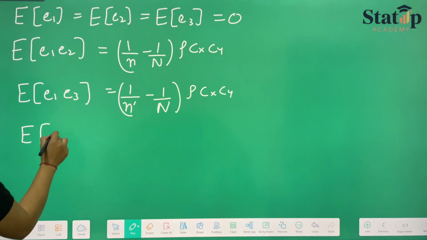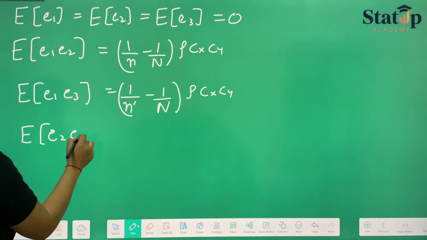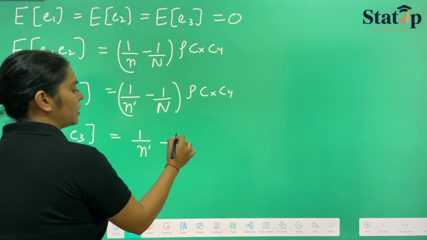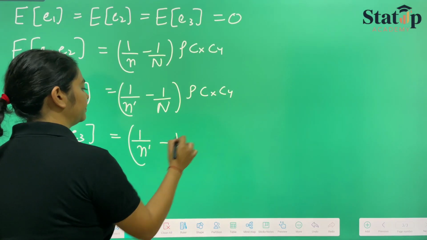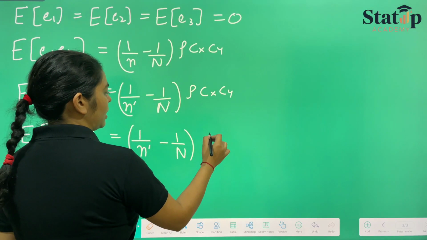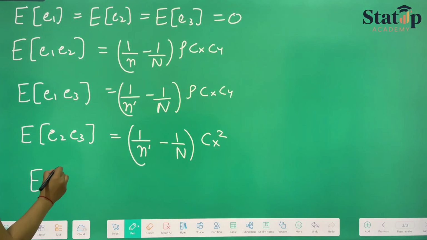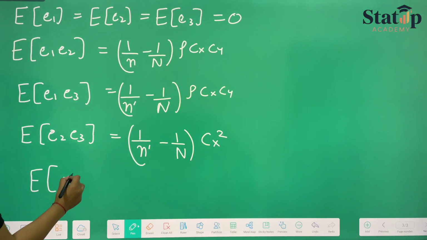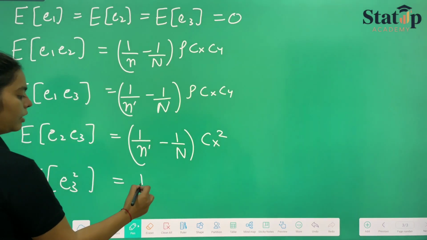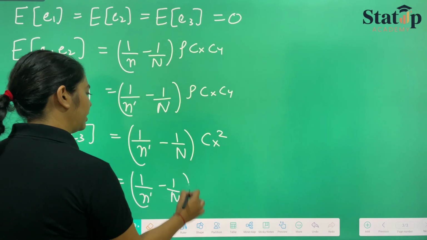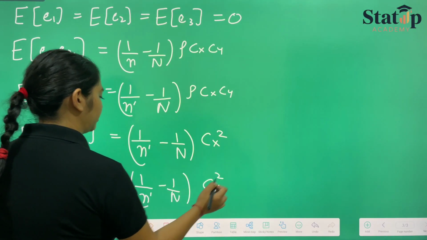Estimation of E2, E3 is nothing but 1 upon n prime minus 1 upon capital N Cx square. And estimation of E3 square is nothing but 1 upon n prime minus 1 upon capital N into Cx square.